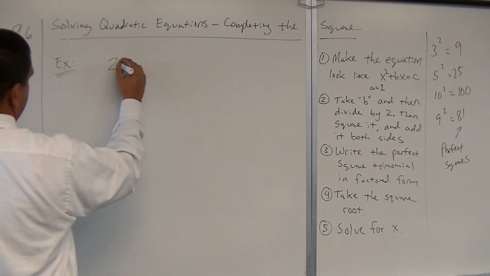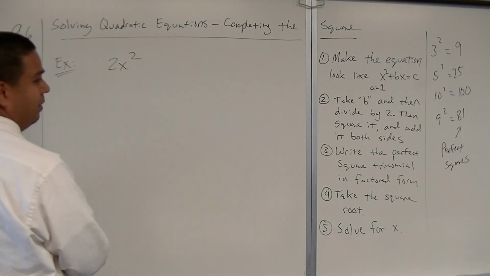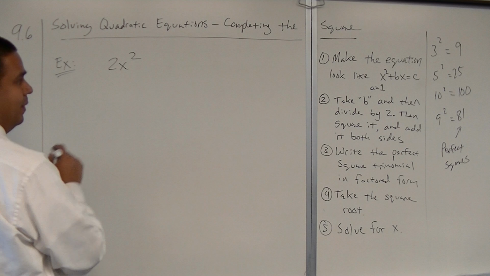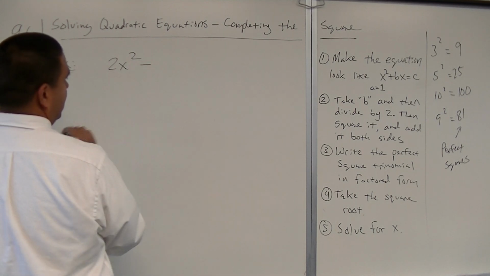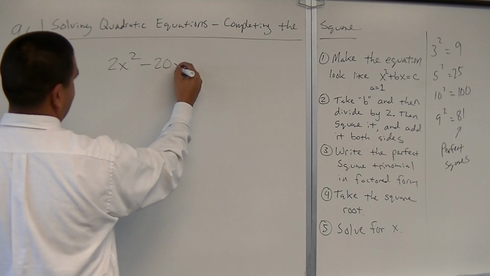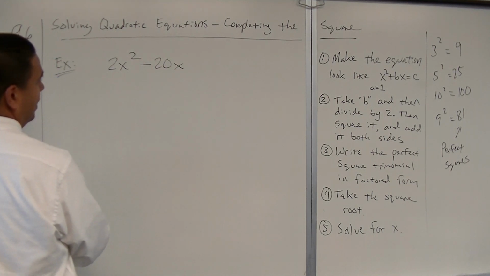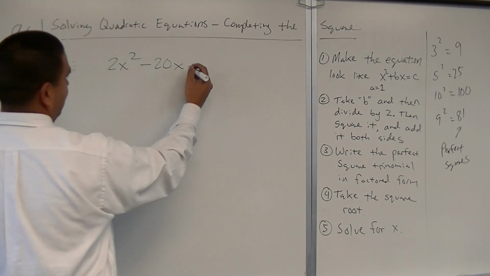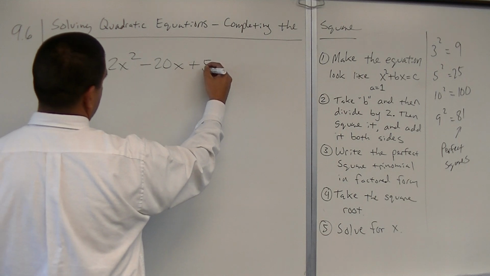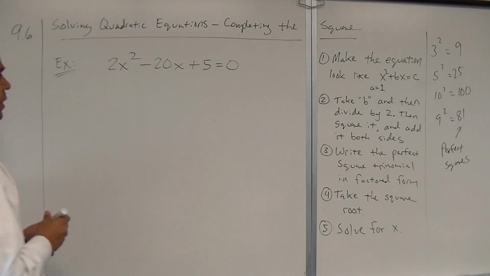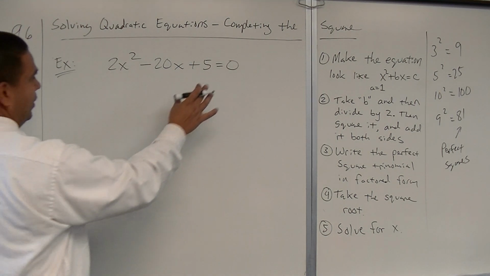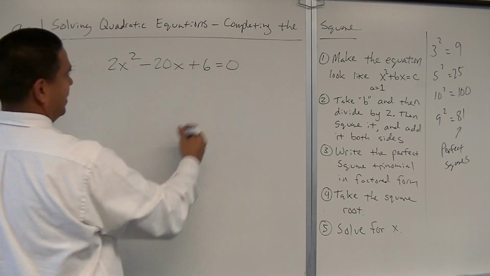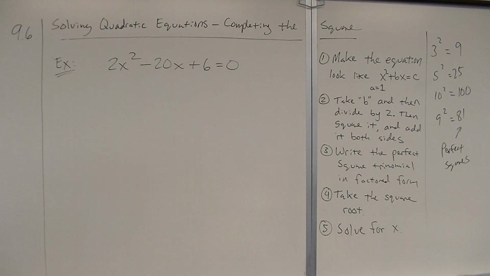What if we have 2x squared minus 20x? I'll just put a 6. That should work.